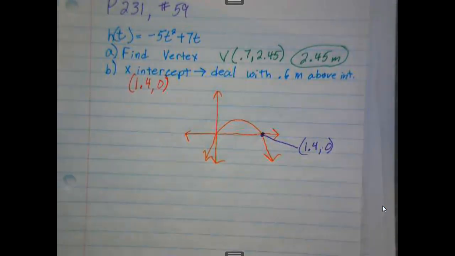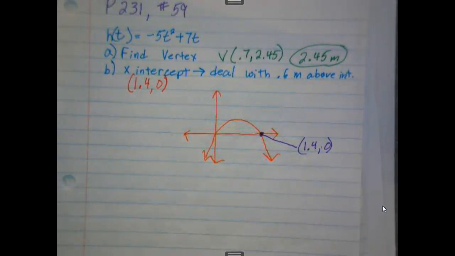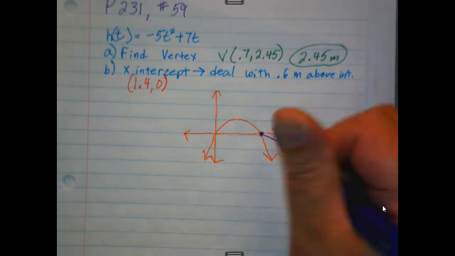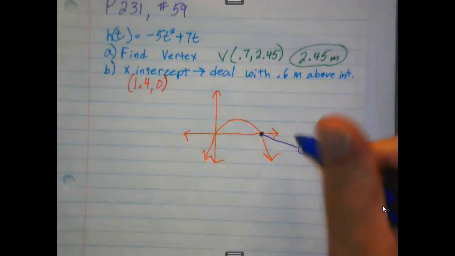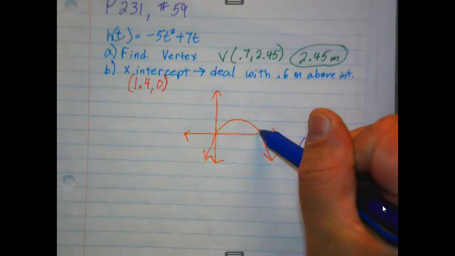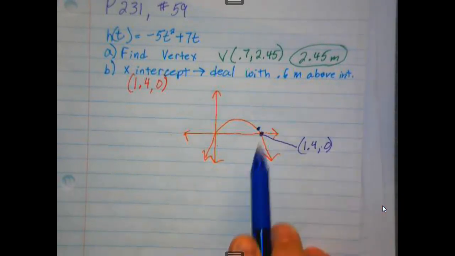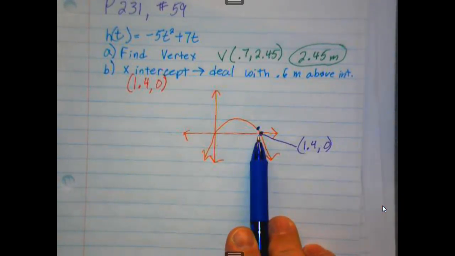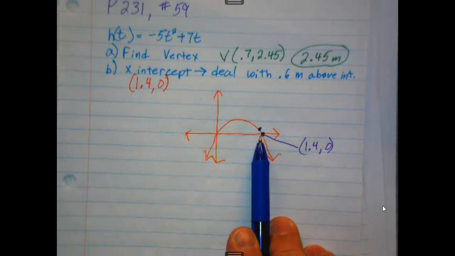Now, I need a point that is 0.6 higher. So I need this point. Now, look at that distance there on my parabola. Is my time getting smaller or bigger?